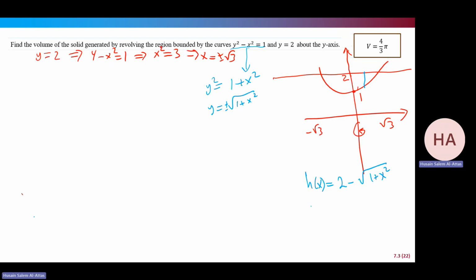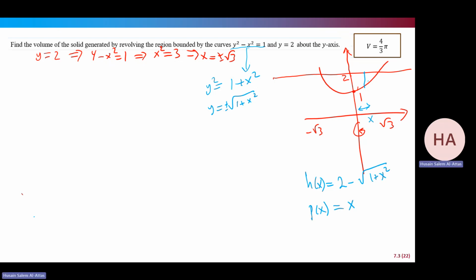Now, what is p of x? If this is x, this side will be x. Yeah, you need to be careful about this. Now, the line of revolution is in the middle of the region.